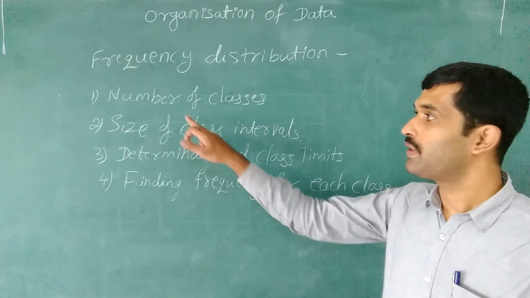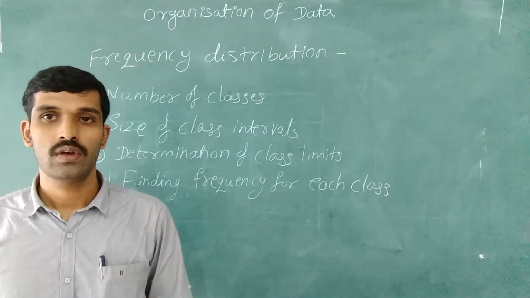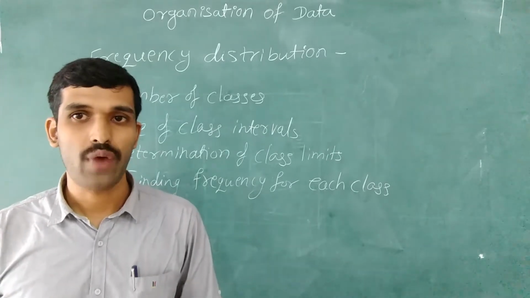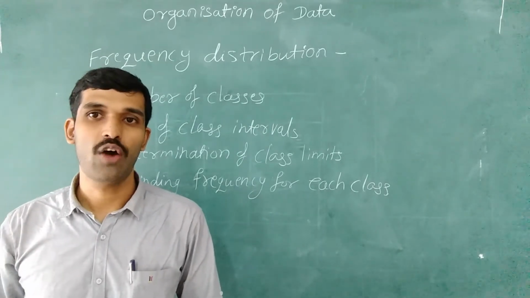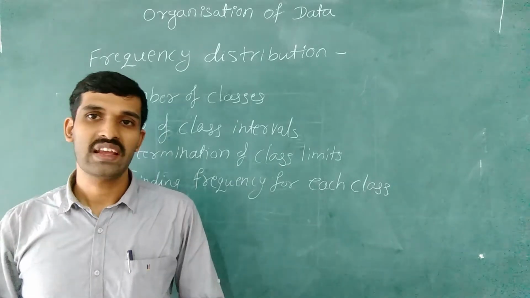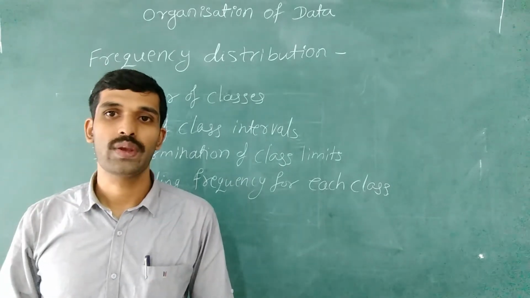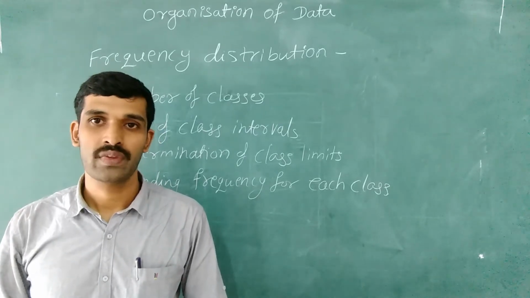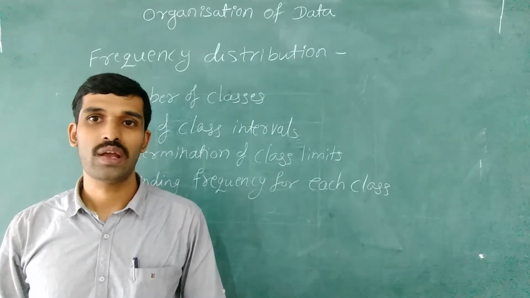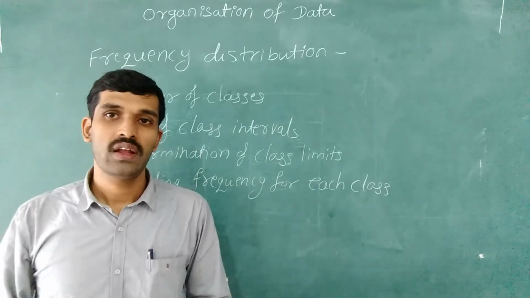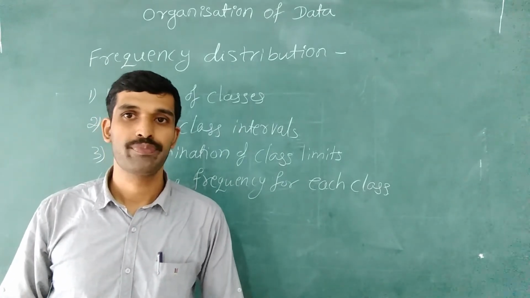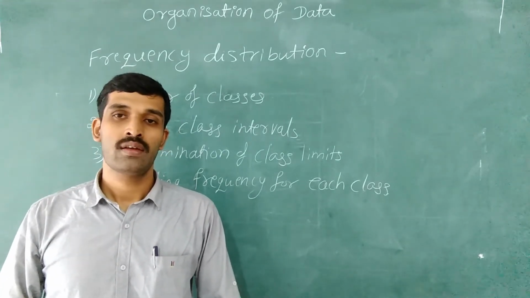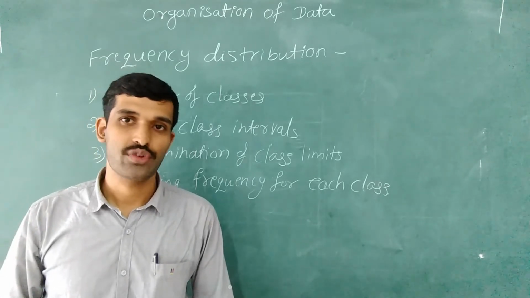First one is number of classes. In the first step, you need to find the range. How to find the range? The range is the difference between the largest and smallest value of the variable. In the previous example, we have taken the marks list of 100 students.